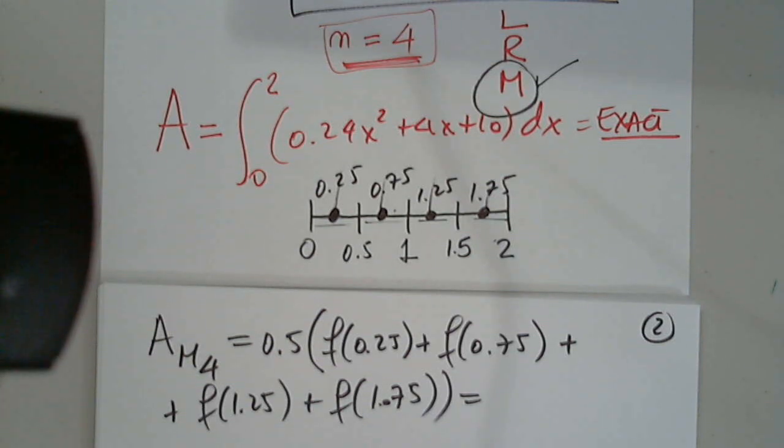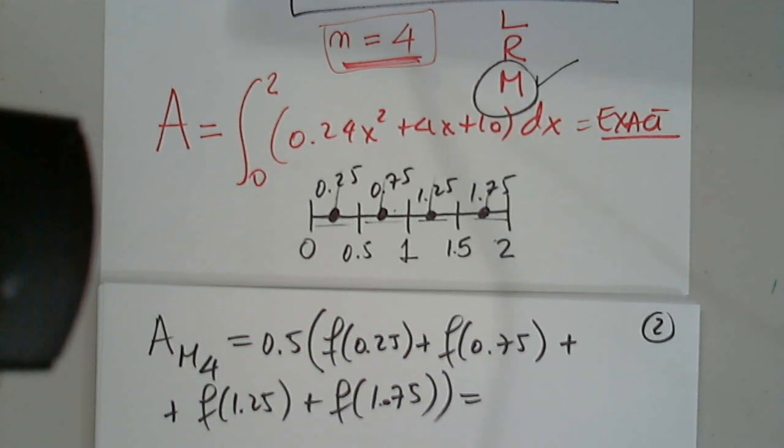In list L2, highlight list L2. And now I will put a formula in here so the calculator gives me all the answers at once. So here's the formula. The 0.5 in front, left parenthesis.